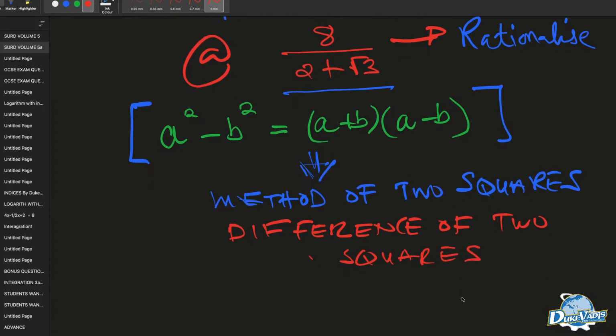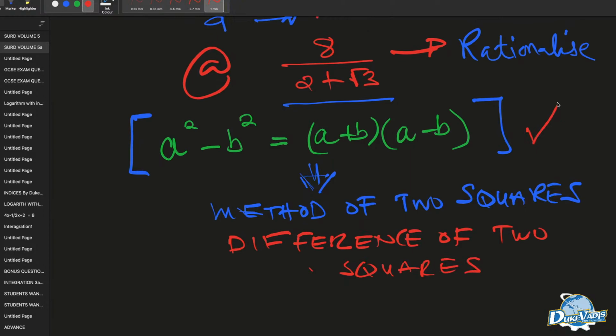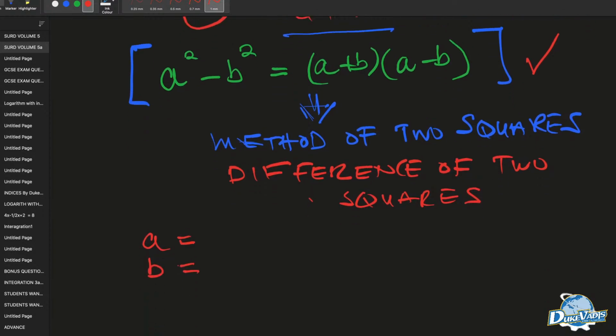So this very equation is going to help us a lot when we are doing our calculation in surds. Because for instance, if A is equal to a certain surd and B is equal to a certain surd, let's give ourselves something simple.